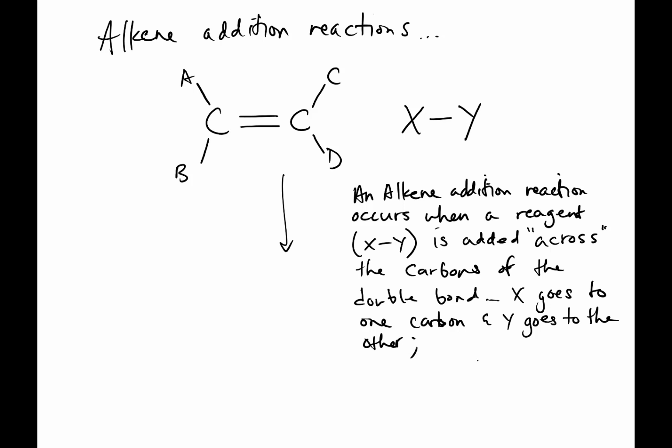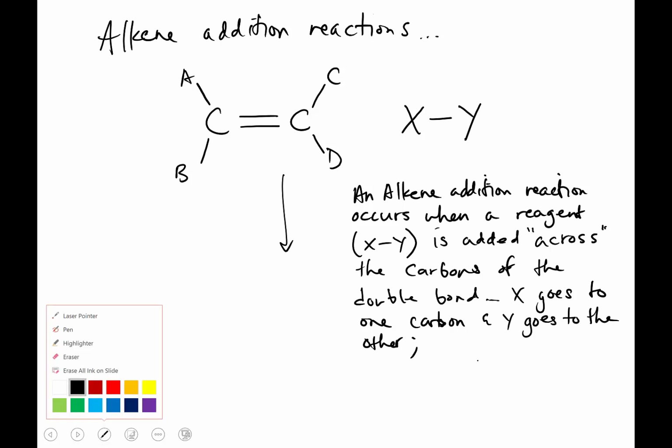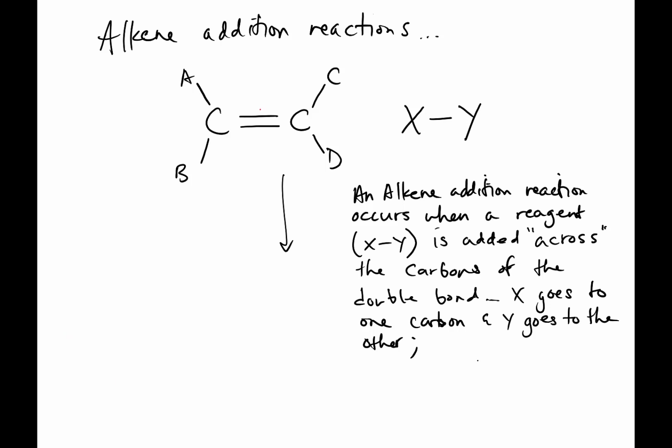Now, one other thing to point out, and you'll see this: the double bond breaks, and essentially one of the bonds of the alkene breaks, and two new single bonds form. Actually, this will be nice to depict graphically, and it doesn't really matter which one we pick. So let's say this.